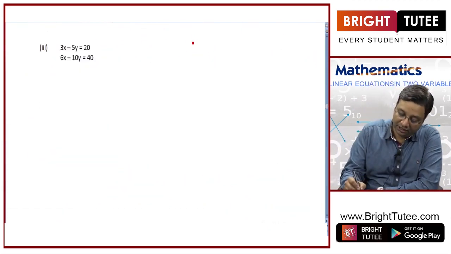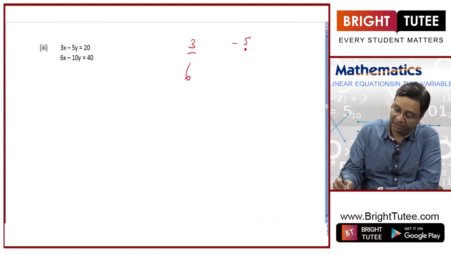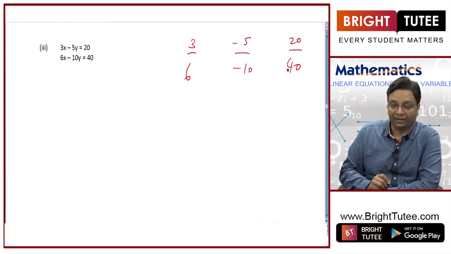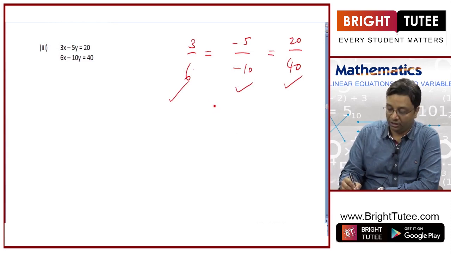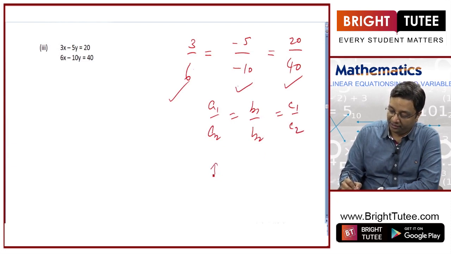Look at this one: 3 by 6, minus 5 by minus 10, 20 by 40. This is effectively 1 by 2, this is effectively 1 by 2 and this is also 1 by 2. So a1 by a2 equals b1 by b2 equals c1 by c2, hence infinite number of solutions.